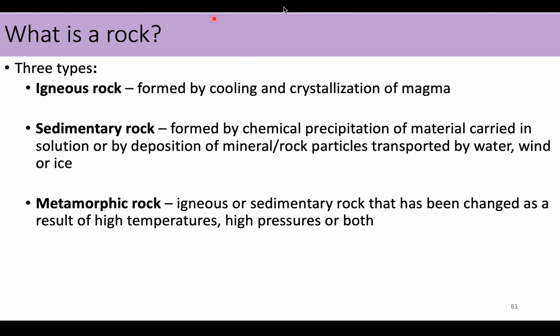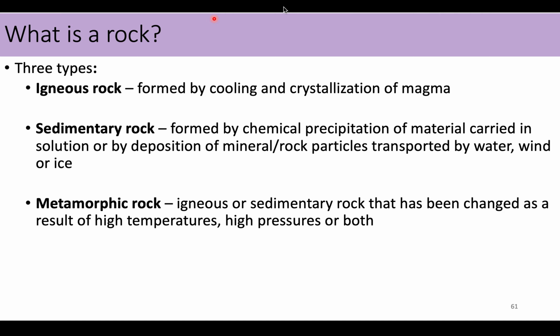Sedimentary rock is formed by material that is deposited on the surface of the Earth. So it can be deposited by water, by wind, or by ice, but sedimentary rock is formed by deposition of different layers of sediment that then harden into rock layers.